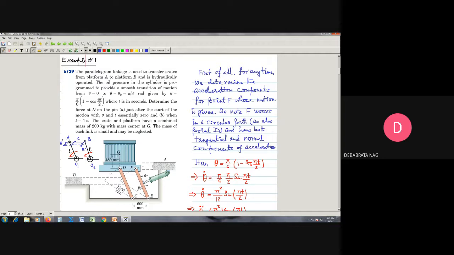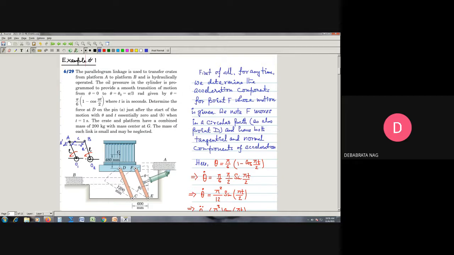The crate and the platform have a combined mass. So this is the crate and this is the platform. Together they constitute a mass of 200 kg with the center of mass at point G, and the masses of these individual links are small compared to this 200 kg and thus can be neglected for the present analysis.